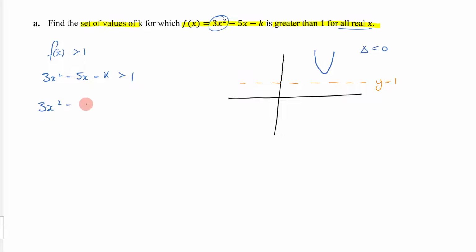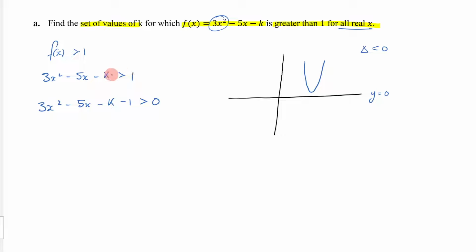By moving the 1 over, I'm now considering where this is greater than 0, not greater than 1. Graphically, I'm just considering where this is above 0, y is equal to 0. So now it's just a standard discriminant question.